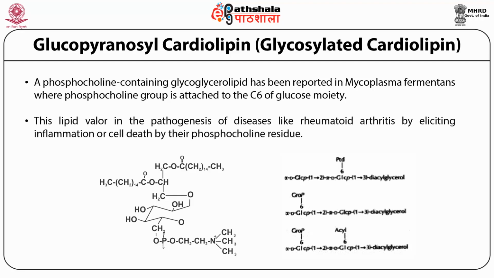This lipid plays a role in the pathogenesis of diseases like rheumatoid arthritis by eliciting inflammation or cell death through its phosphocholine residues.